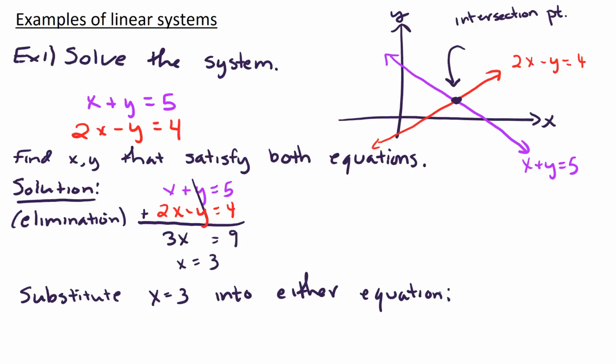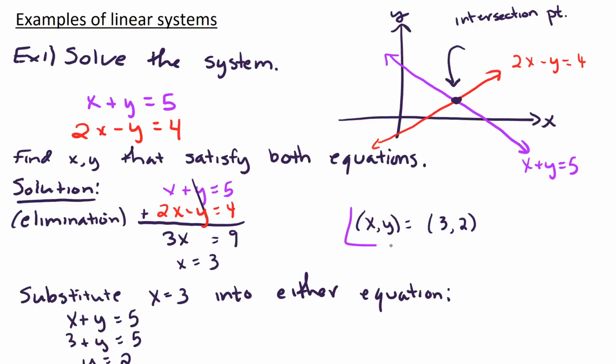I like the first one, so let's plug it in there. We've got x plus y equals 5, so plugging in a 3, we have 3 plus y equals 5. Final answer there, y equals 2. Okay, so our solution here is (x, y) equals the point over 3, up 2. So there's our answer, and we could label this on our graph: (3, 2).